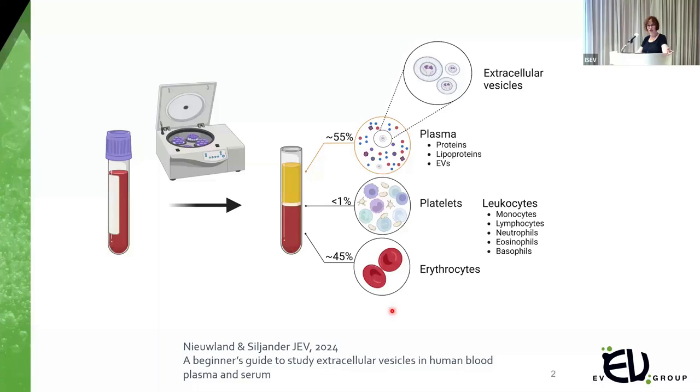Under certain centrifugal fields, it's possible to get about 50% cells, erythrocytes, in the bottom, and on the top about half of the liquid as in plasma. And in the middle, we have the so-called buffy coat that contains the leukocytes with variable cell contributions and the platelets.